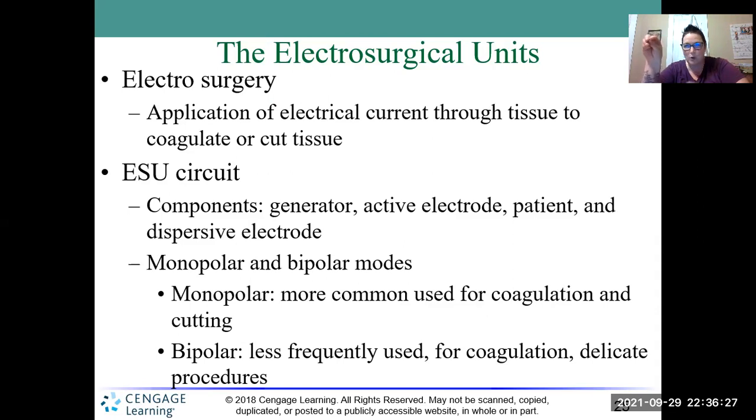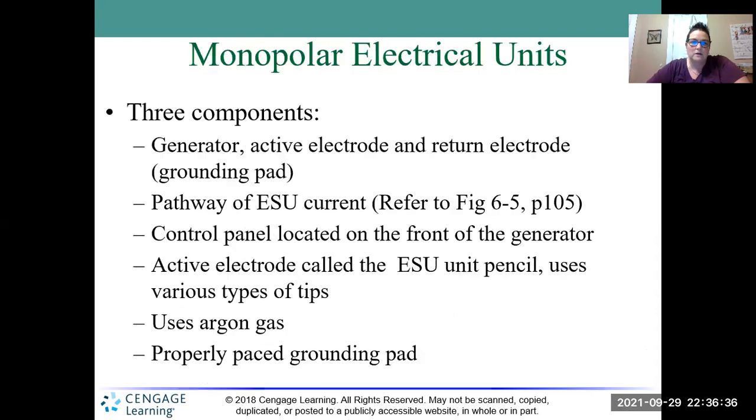This is a really delicate one because both poles are being used there. But it can be used for coagulation, but it's a really delicate use. So here with the monopolar, we've got, again, some of those same components: the generator, the active electrode, and then the return electrode, which is your grounding pad. And that's going to be on your patient's thigh most of the time.